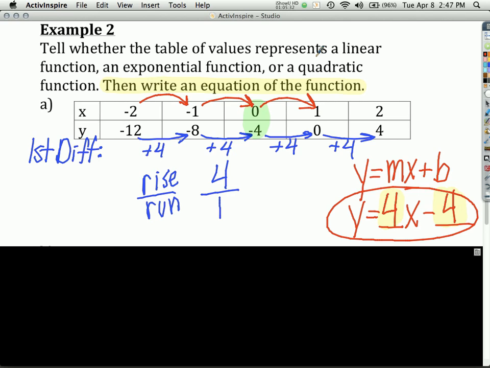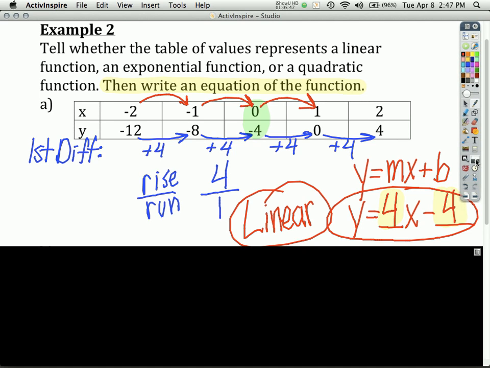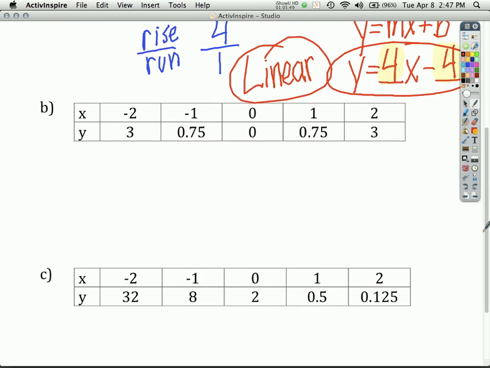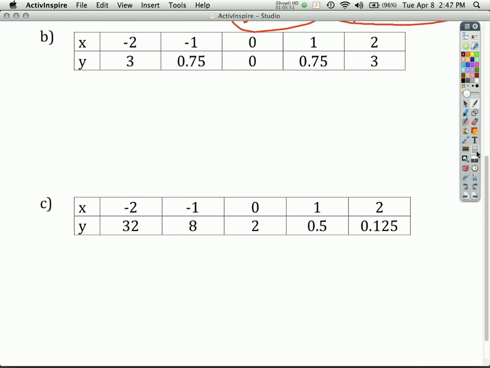It says to identify whether it's linear, exponential, or quadratic. We did say that it was linear, so we are writing that down. It is linear, and this is the equation that goes with it. So let's look at the next one.